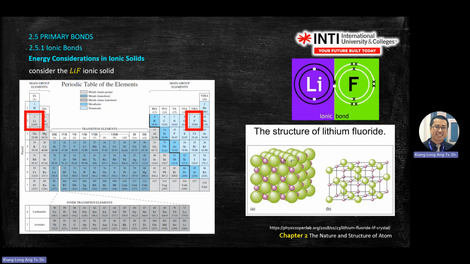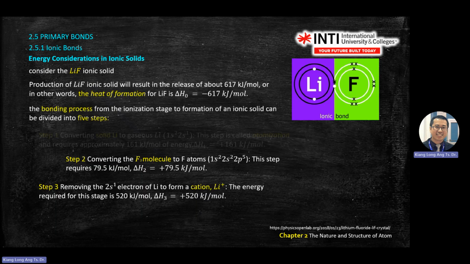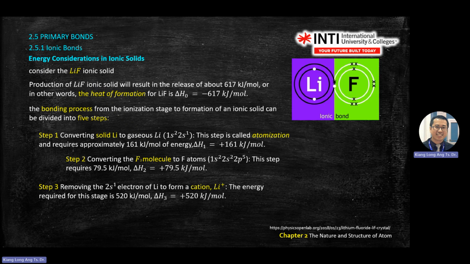So it becomes Li positive. Then F will receive one electron. It becomes F negative. So these are the first two steps. First step, you get a cation, you get one energy. Then F becomes negative, you get one energy.